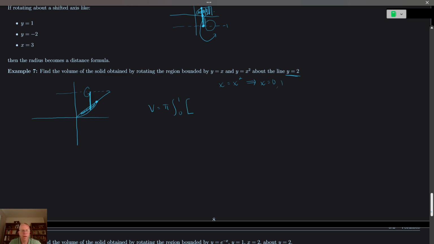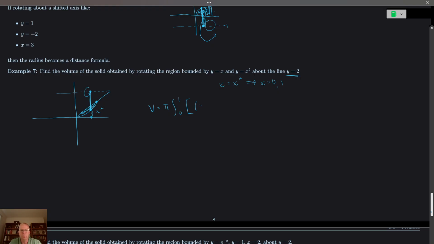Now, what is our outer radius? So from here, that's our x squared, up to 2. So what is that distance? Well, the distance from here to here would be 2. And whatever this is, that is x squared. And so we need to subtract off the x squared part.